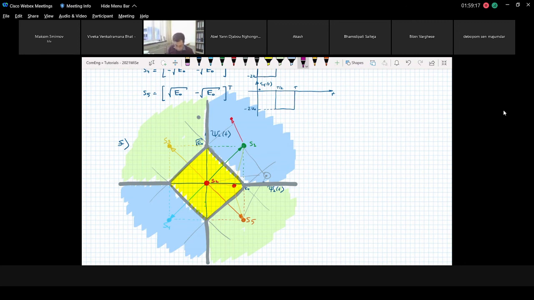And the last question that we have here, we need to determine the mean energy per symbol as a function of E0.